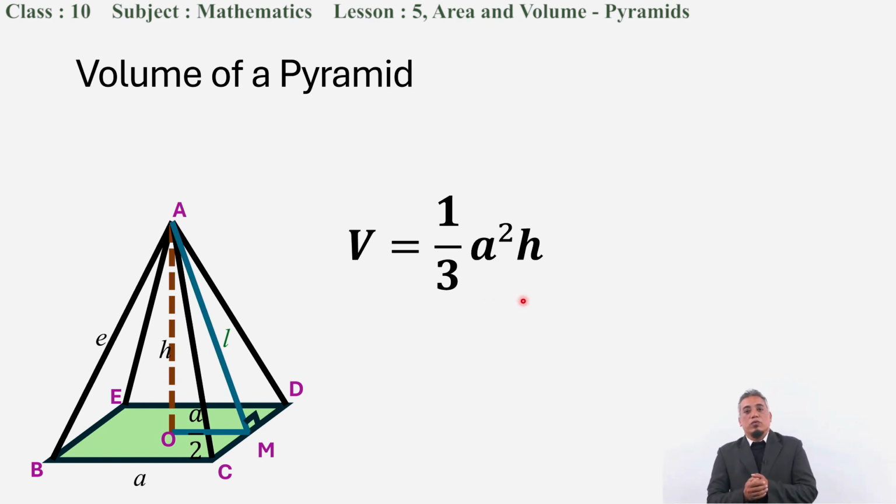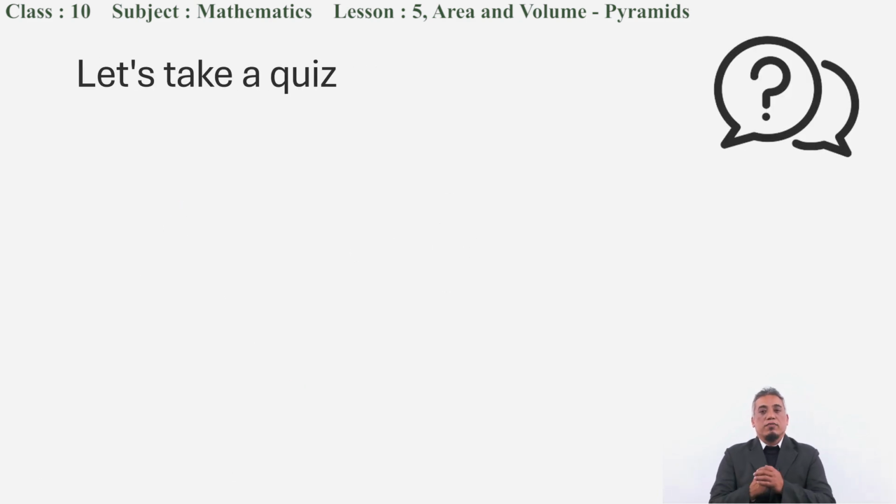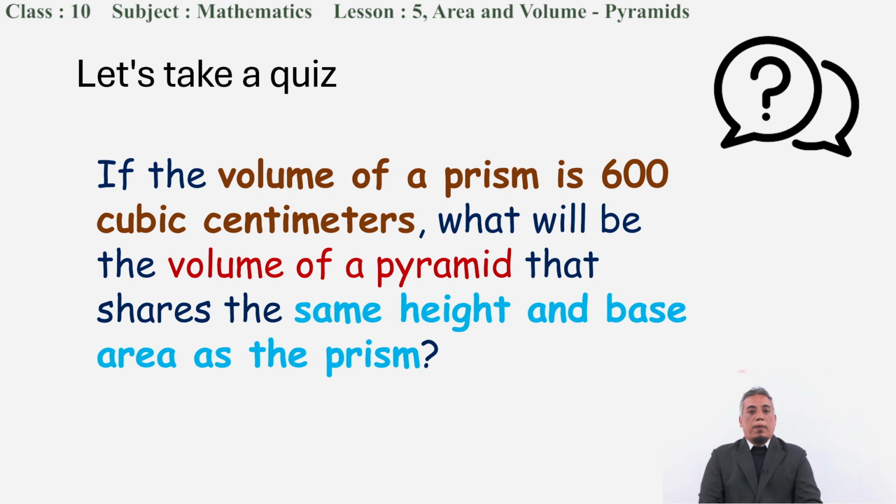Okay students, now let's take some quizzes. First of all, if the volume of a prism is 600 cubic centimeters, what will be the volume of a pyramid that shares the same height and base area as the prism?